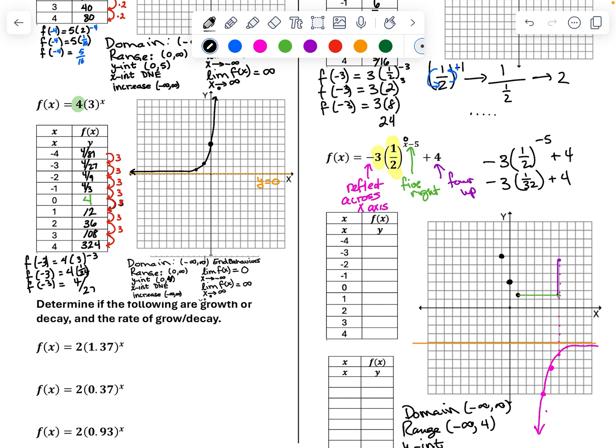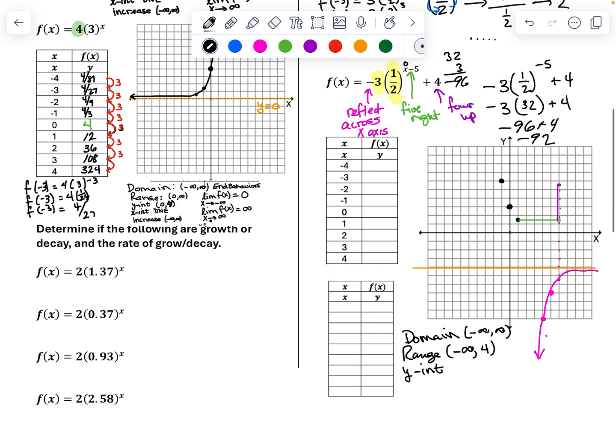Right? Am I doing that right? No, that'll be 32, not 1/32. Yep, that'll be a 32. And then 32 times 3 is negative 96. That'll be negative 96 plus 4. So that'll be negative 92. So our y-intercept would be (0, -92), which matches up with our picture pretty well.